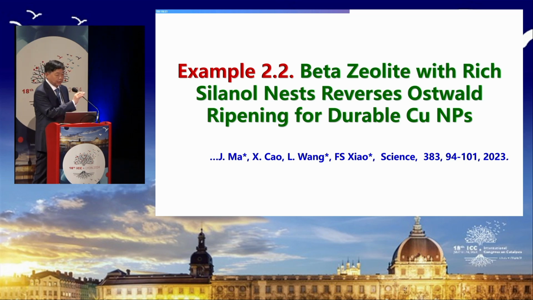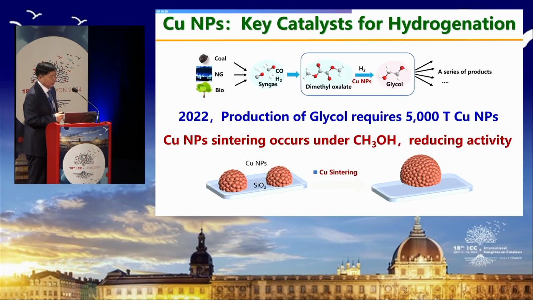The second example, I show you beta zeolite with rich silanol nests for reverse Ostwald ripening for durable copper nanoparticles. You know, for this reaction, copper nanoparticles are also one of the key catalysts for hydrogenation.